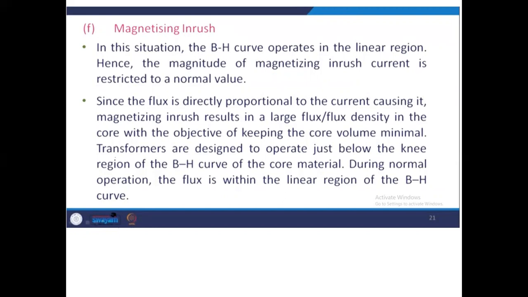The flux in the core of the transformer is directly proportional to the current. So the magnetizing inrush results in a large flux value and flux density in the core of the transformer. Transformers are designed to always operate below the knee point of the curve.